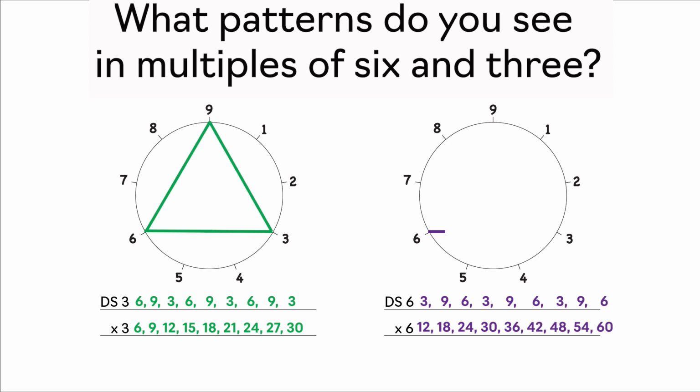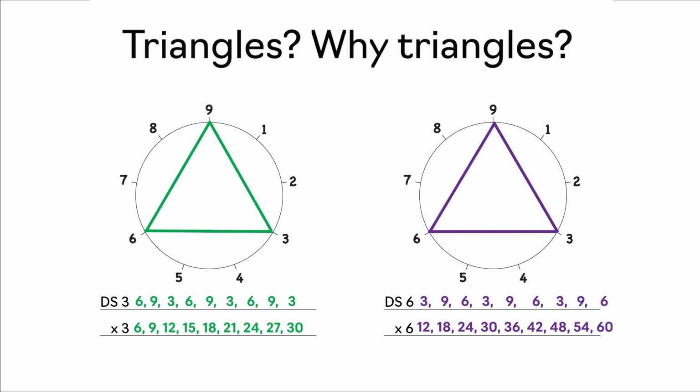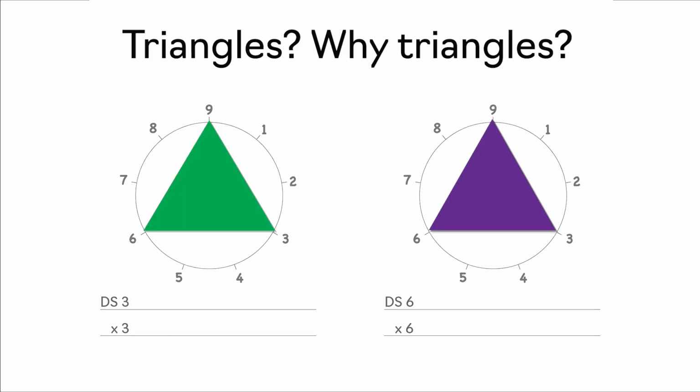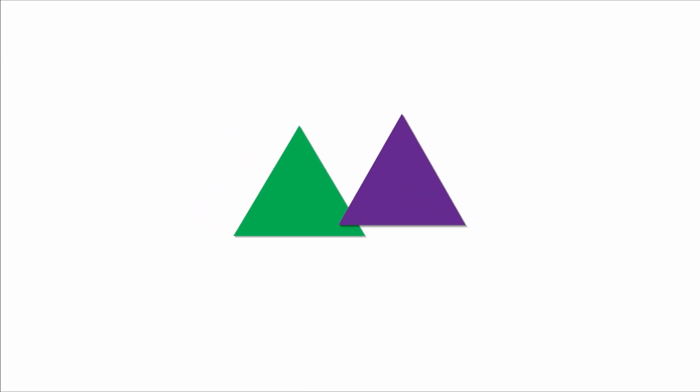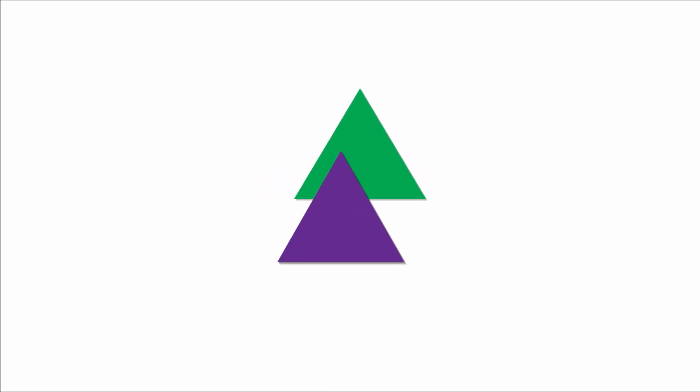What patterns do you see in multiples of 6 and 3? The pattern made by digit sums of multiples of 3 becomes a triangle. 6 made one too. What will the other numbers do?